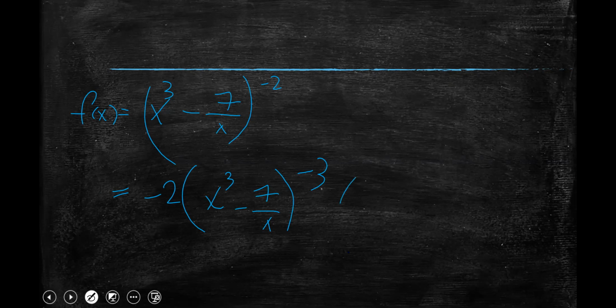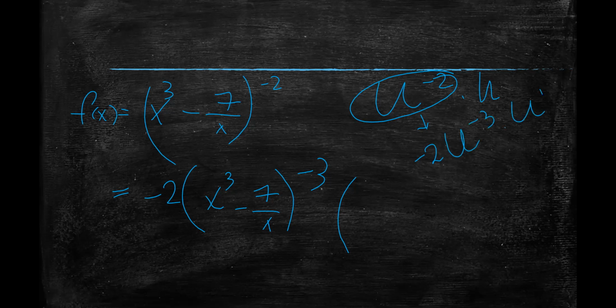As I told you before, it's u raised to the power negative 2, and I want to differentiate it. It's negative 2u to the power negative 3 times u prime.